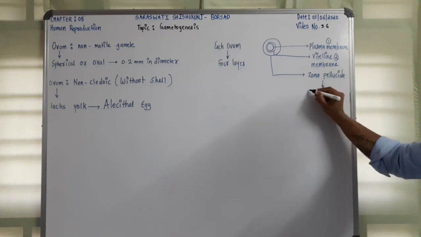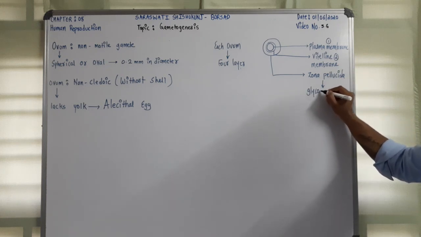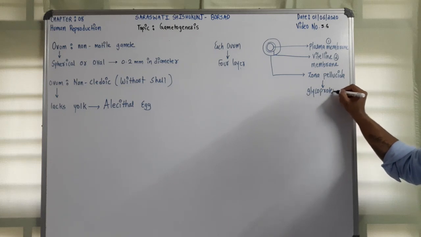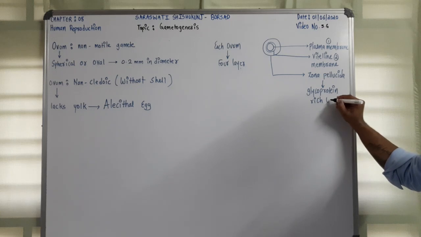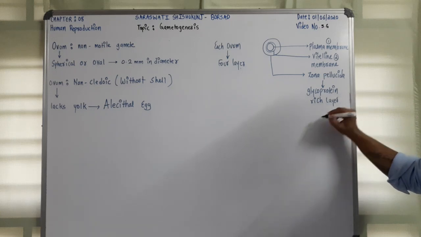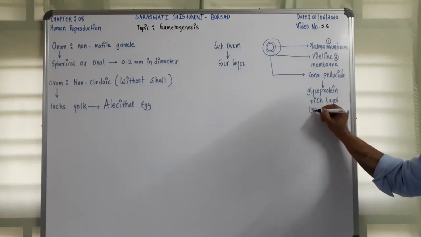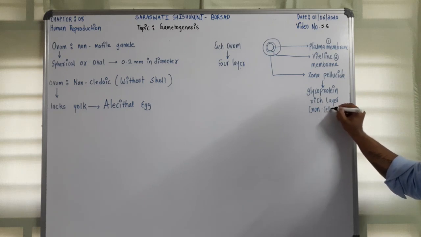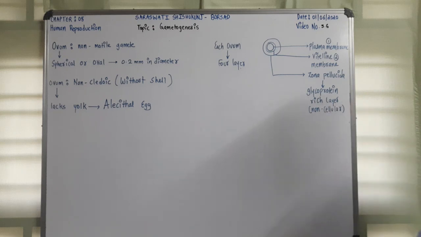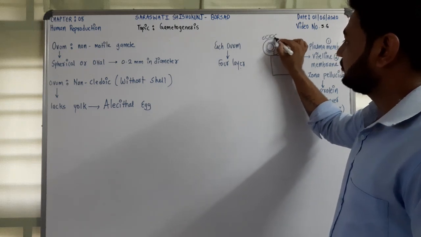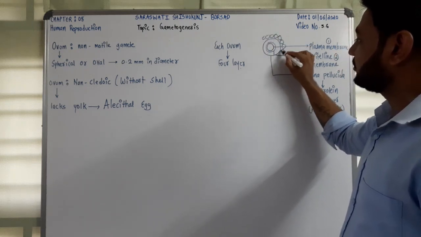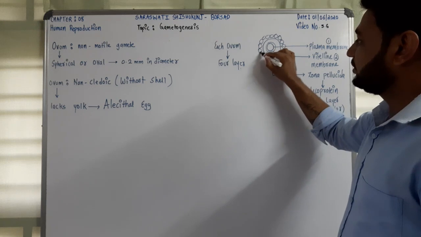Zona pellucida is a glycoprotein-rich layer. Remember, this is a non-cellular layer, right? It is not made up of cells. Outer to it is a layer of cells forming the corona radiata.